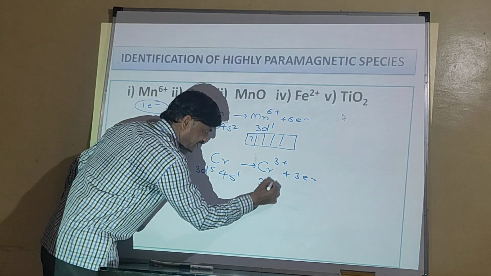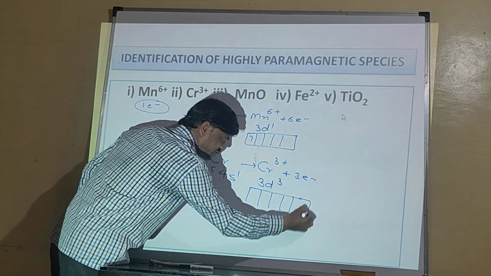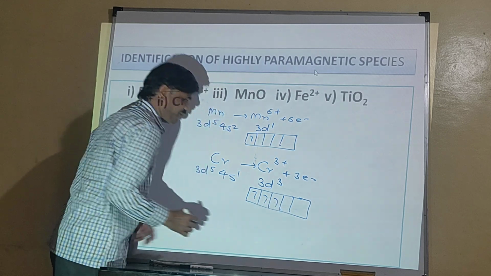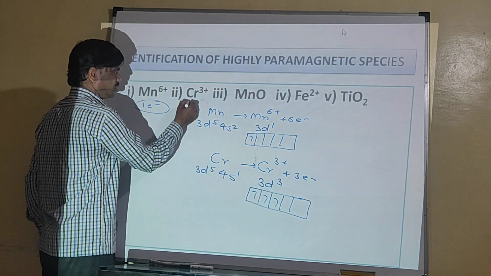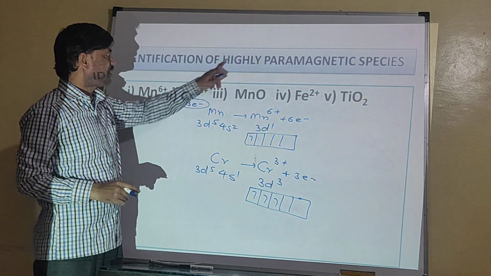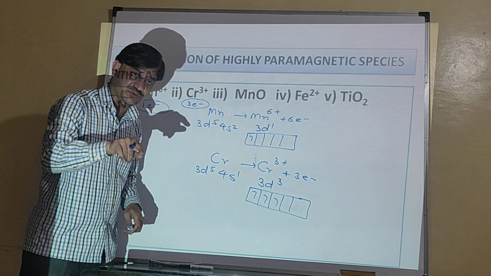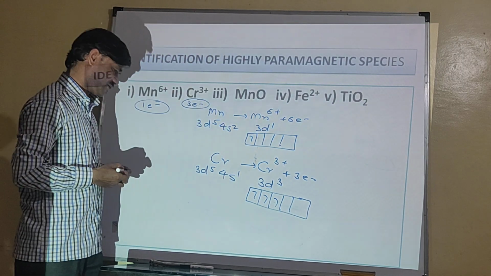So what can we write here? 3d3. In the case of Cr plus 3, how many unpaired electrons are there? 3. So 3 unpaired electrons. What do we have to identify? Highly paramagnetic species, meaning that the species should have a large number of unpaired electrons.